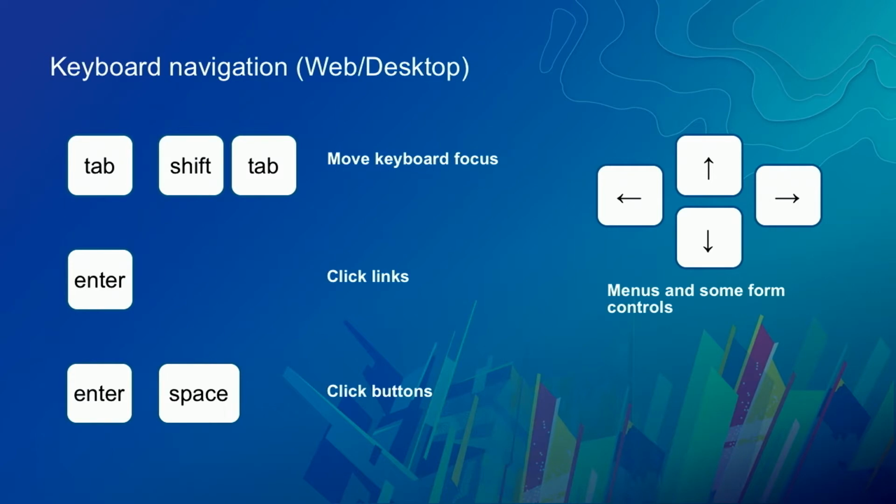And then enter is really around just entering. If you want to select something, if you want to click on a link, you're tapping enter. Enter or space is also another way of selecting things. You'll typically see this if you're selecting something like in a drop-down box or a checkbox or a radio button. And then you're always using your arrow keys for the most part to navigate between menus, forms, drop-down boxes as well.